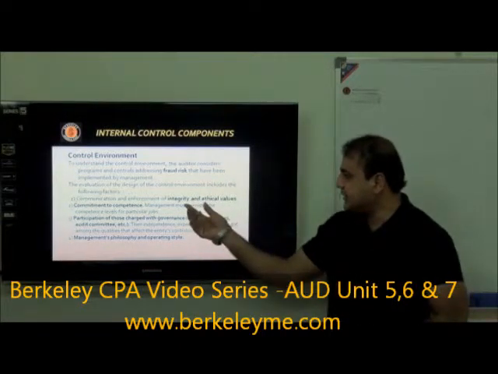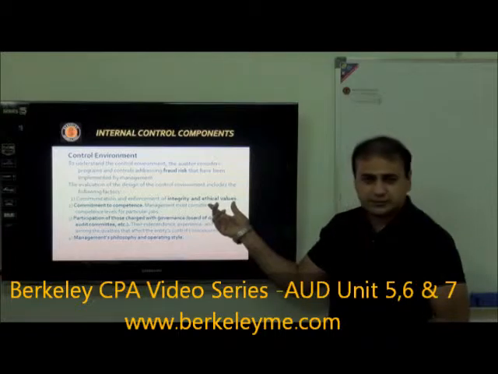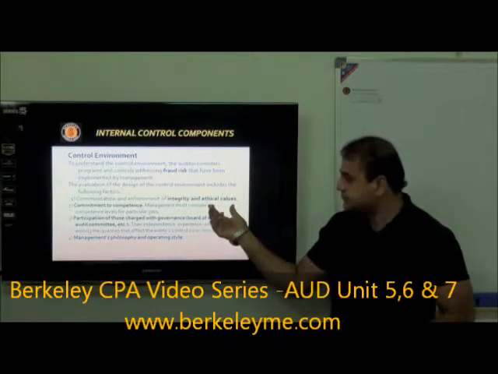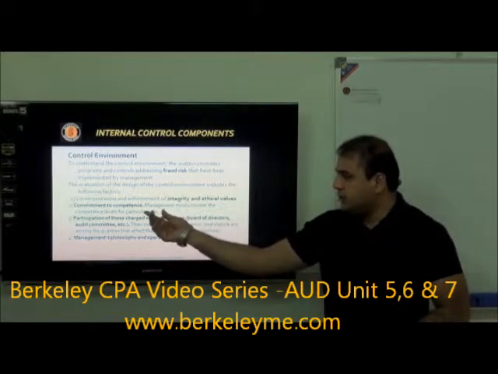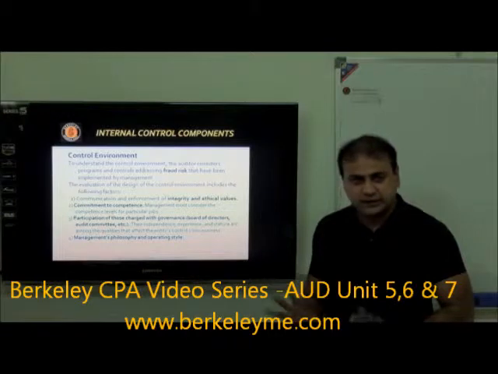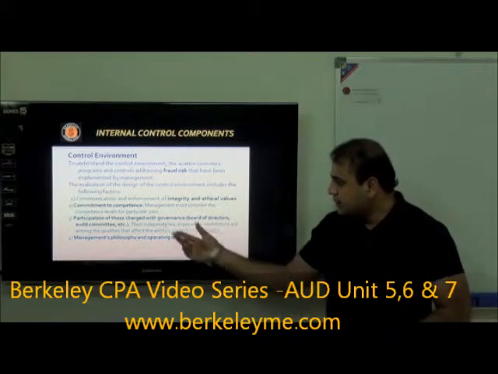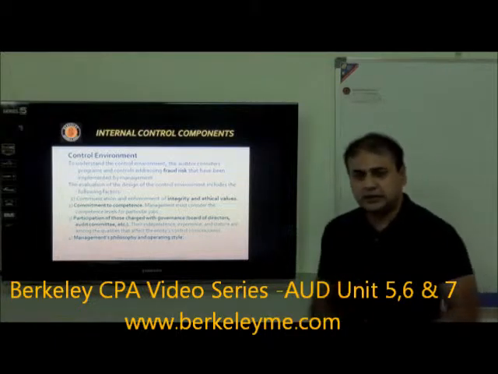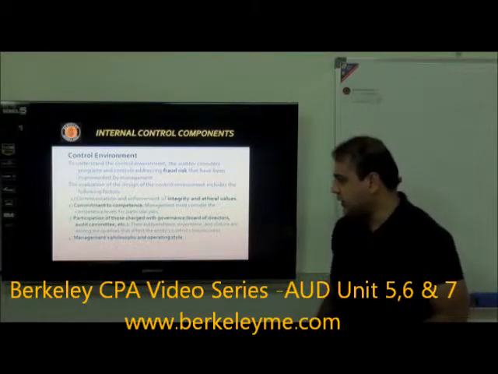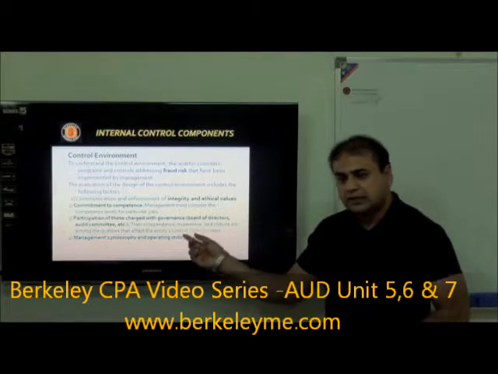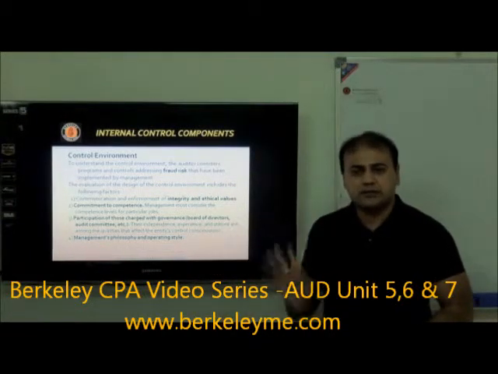One is integrity and ethical values. What is the level of integrity and ethics? Then commitment to competence. How much is management committed to competence? Participation of those charged with governance, that is the board of directors and audit committee generally. And management philosophy and operating style will develop the control environment.